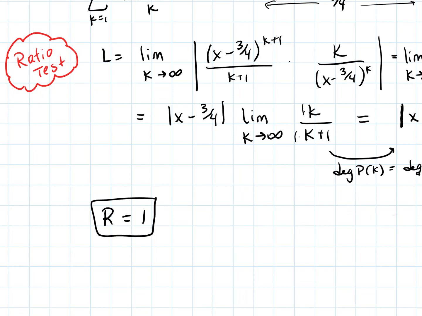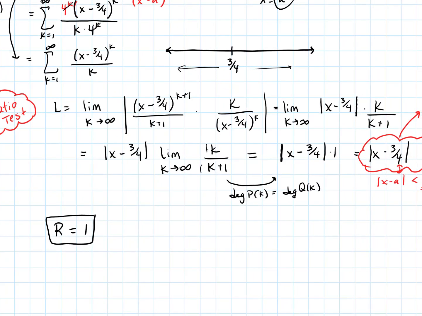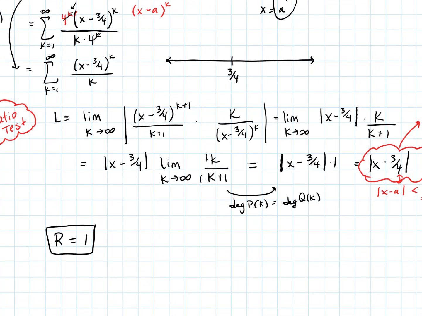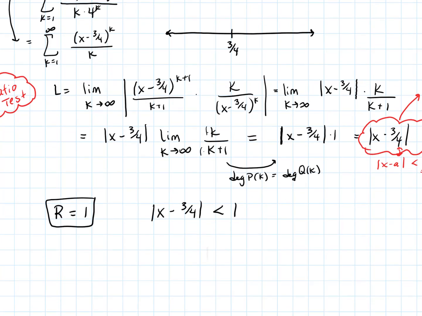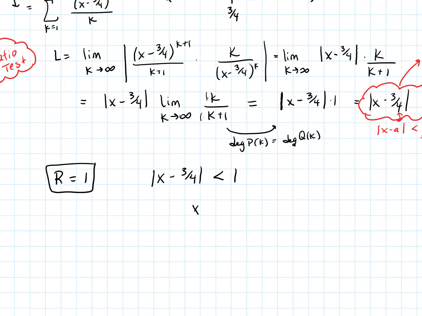So now what I have to do is figure out, what is my interval of convergence? I'm going to come back up here to my number line, or I could even use the absolute value, so x minus 3/4 being less than 1. I can use the number line, or I can use the absolute value. If the absolute value of x minus 3/4 is less than 1, that means it has to be less than 1 and also greater than -1.